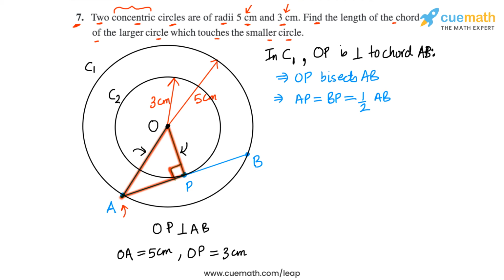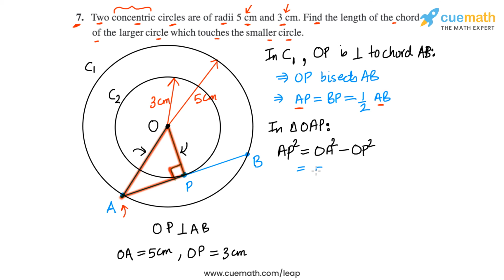Now we're going to find the length of AP by applying the Pythagoras theorem to triangle OAP, and from there we will get the length of AB. In triangle OAP, we have AP square is equal to OA square minus OP square, where OA is the hypotenuse. Now let's plug in the values.